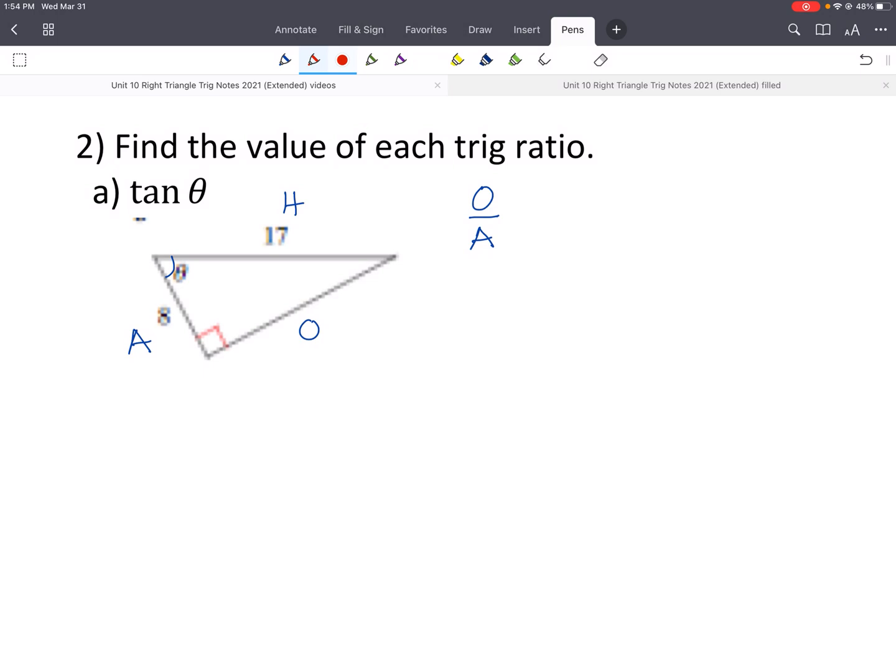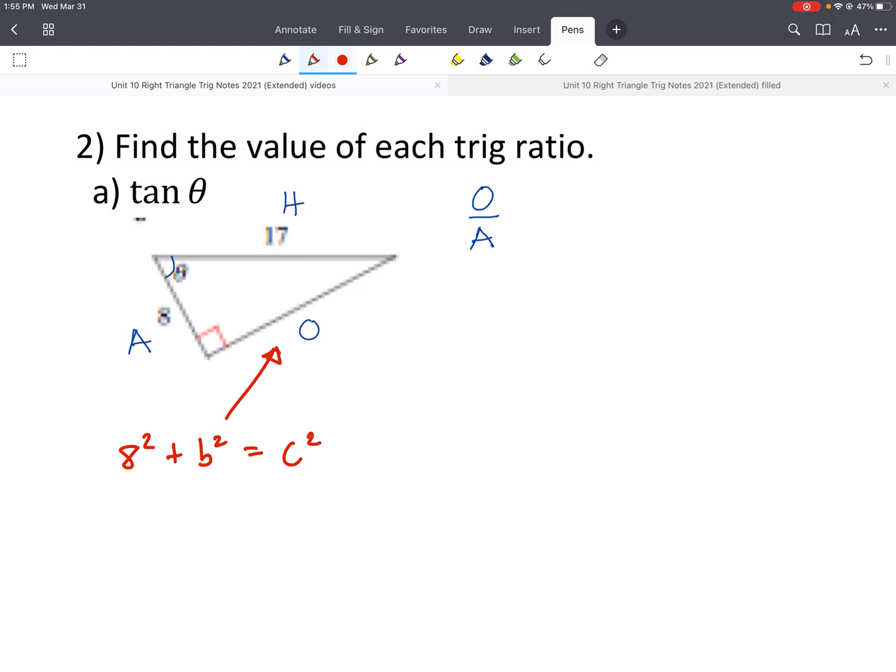Just be cautious, because with the Pythagorean theorem it's A, B, and C, and now we have O, A, and H. So keep that in mind when you do it. We have 8 squared plus B squared, this is our opposite side that we're missing, is equal to C squared. Also remember that for the Pythagorean theorem, C is always your hypotenuse.